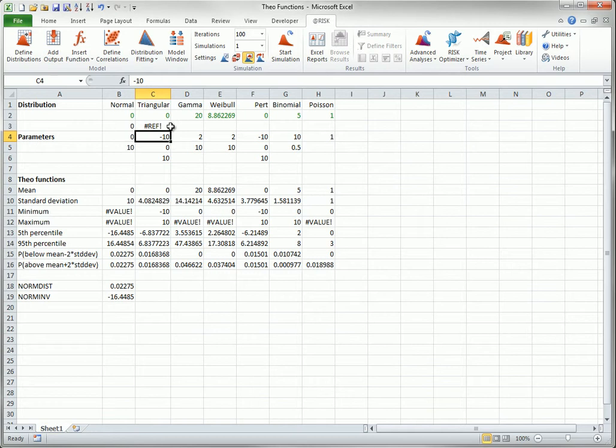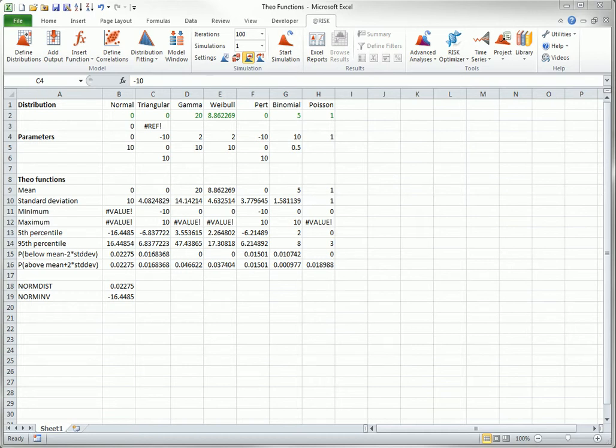Again, RiskTheo functions have essentially the same value as Excel's statistical functions like NORM.DIST and NORM.INV. They allow you to calculate summary measures of many commonly used theoretical distributions. The advantage of RiskTheo functions over Excel functions is that they have more functionality and they apply to more distributions.